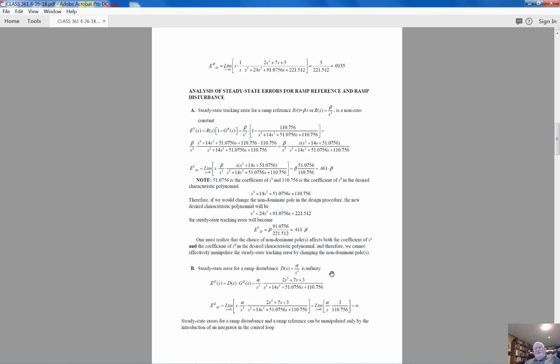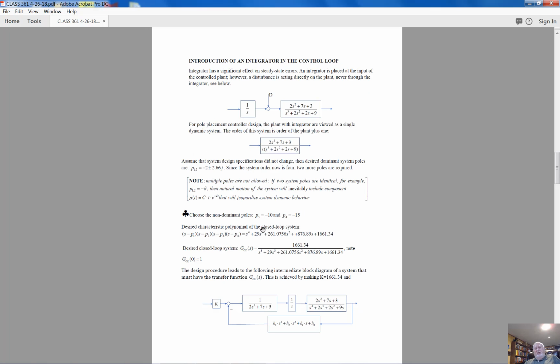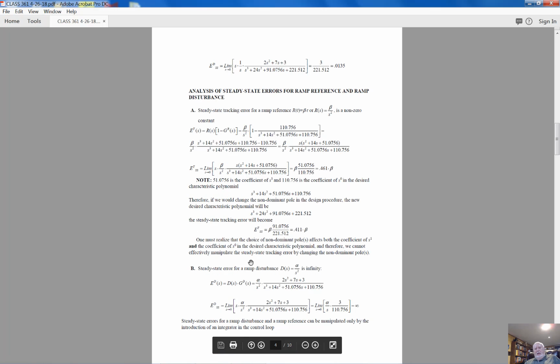Next, let's concentrate on the steady state error caused by a ramp disturbance. This is the ramp disturbance, or Laplace transform of the ramp disturbance. Alpha is the slope of the ramp. Error is defined as the system response to the disturbance.